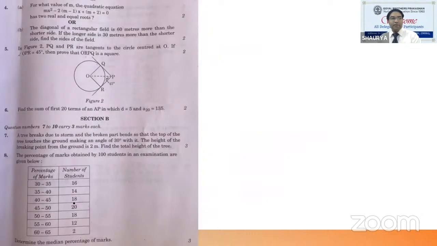Let's move ahead. The fourth question in section A, it's from quadratic equation. For what value of m does the quadratic equation given here have two real and equal roots? So the condition is the discriminant of the quadratic equation, D, which is b square minus 4ac, should be equal to 0 for the equation to have equal and real roots, right?